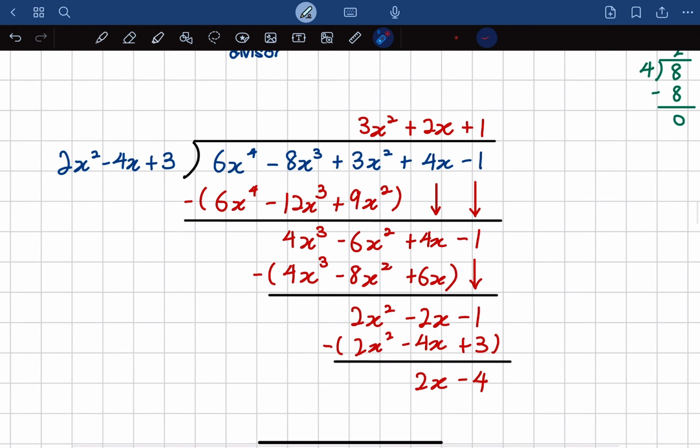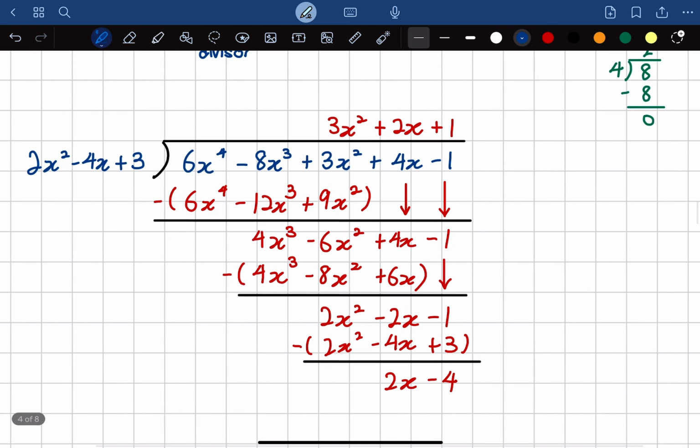I will continue until I realize that the degree of this remainder here is less than the degree of my divisor. Okay, so what I've seen over here is that this thing here is called your quotient. And over here, this is called your remainder. Why do we stop over here?